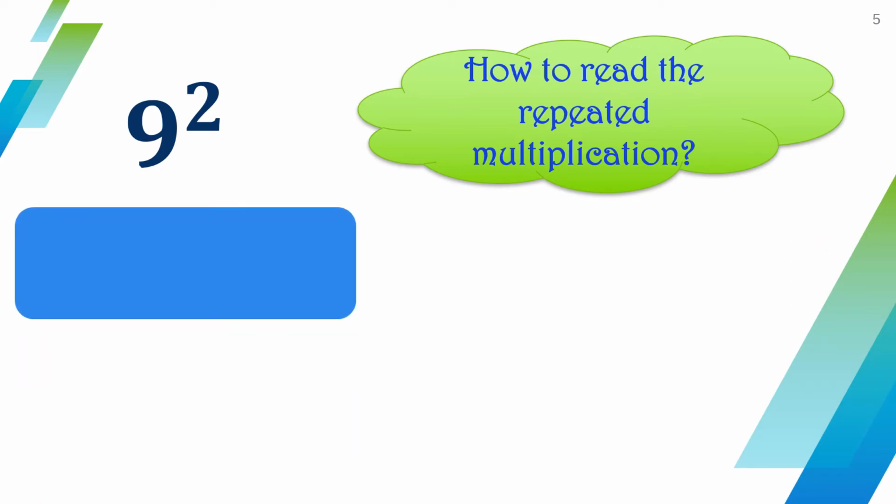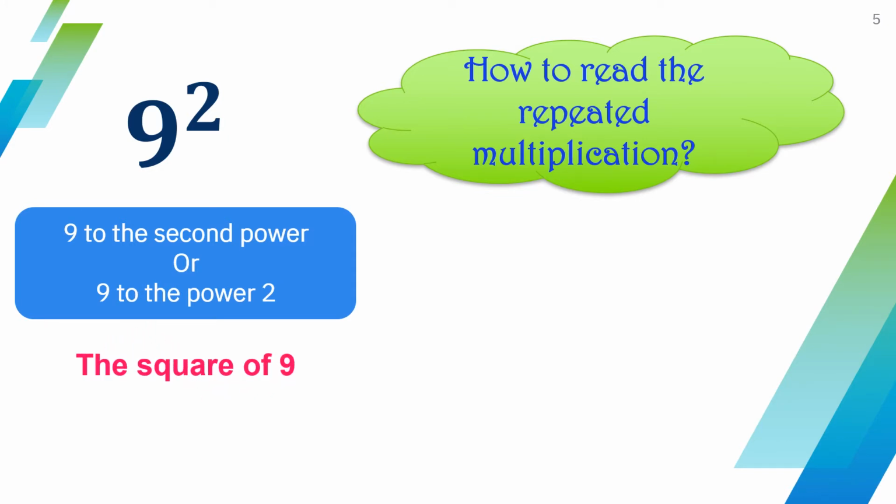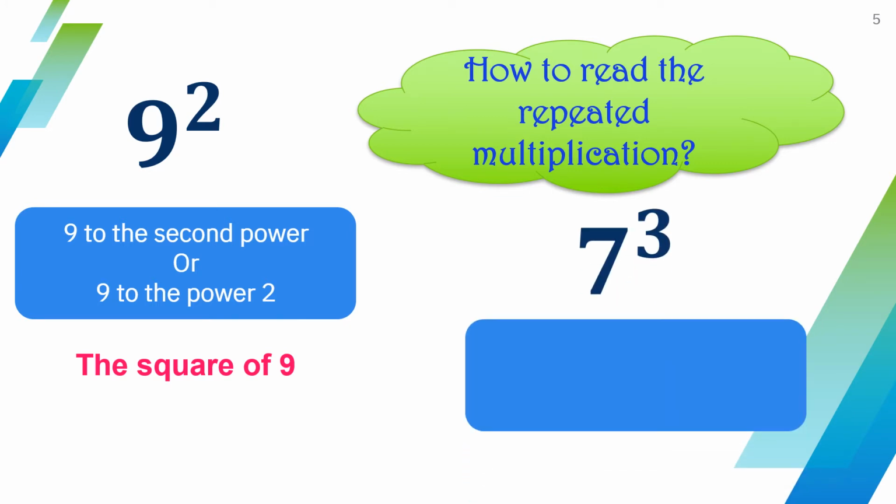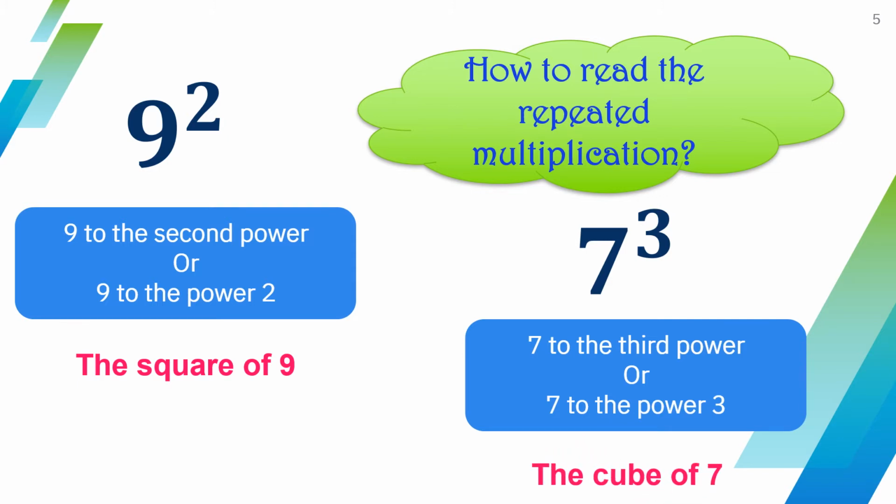Also here we can read it as 9 to the 2nd power or 9 to the power 2, that means the square of 9. Here we can read it as 7 to the 3rd power or 7 to the power 3, that means the cube of 7.